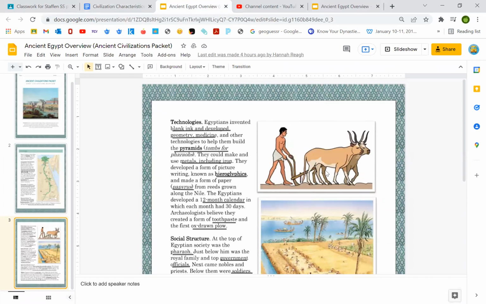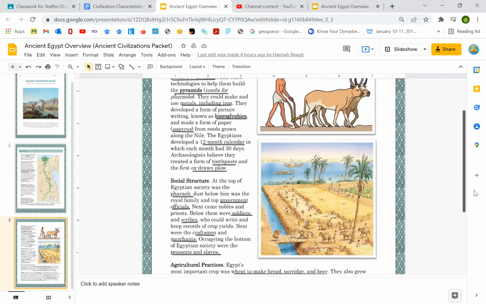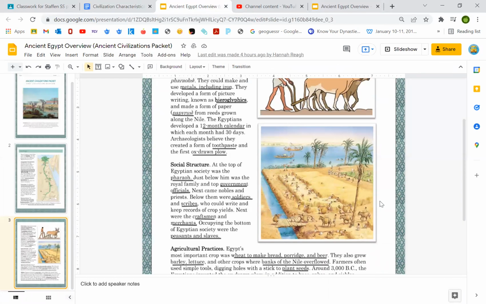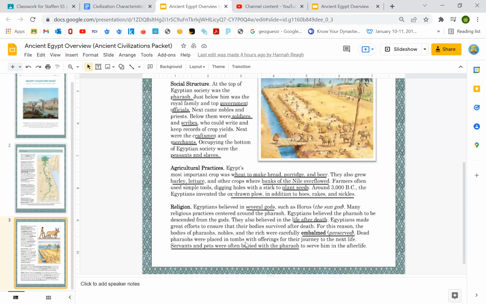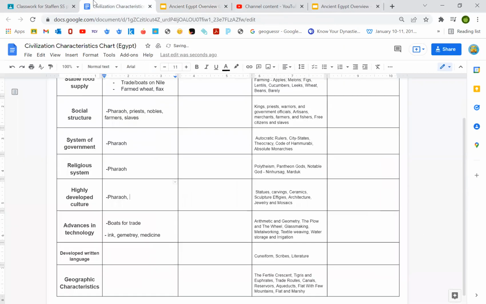A writing system here, more inventions, more on social structure, agricultural practices, religion, they had several gods, which means what? This is review, polytheistic.